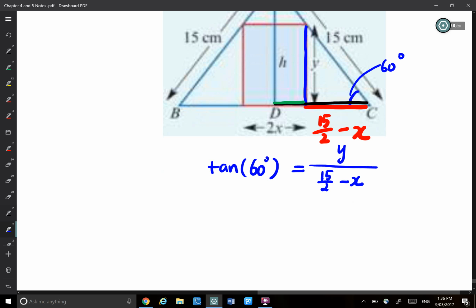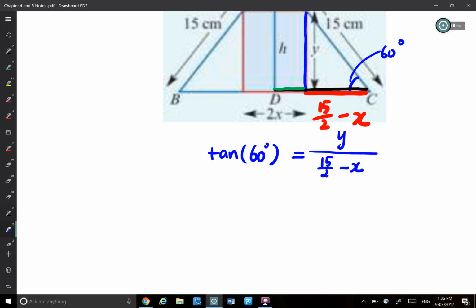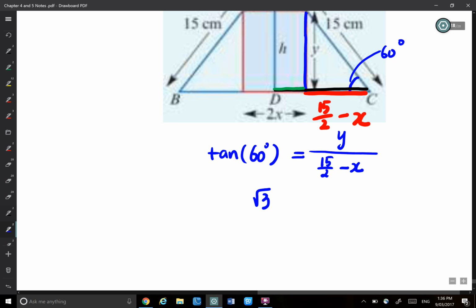What's tangent 60 degrees? You have learned that in Year 9 or Year 10. It's root 3. Tangent 60 is root 3.